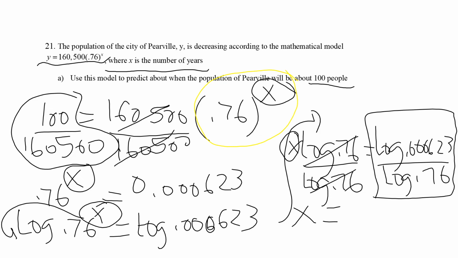So it's log 0.000623 divided by log 0.76, and that's about 27 years. So in 27 years, the population of Perville is going to drop to 100 people.